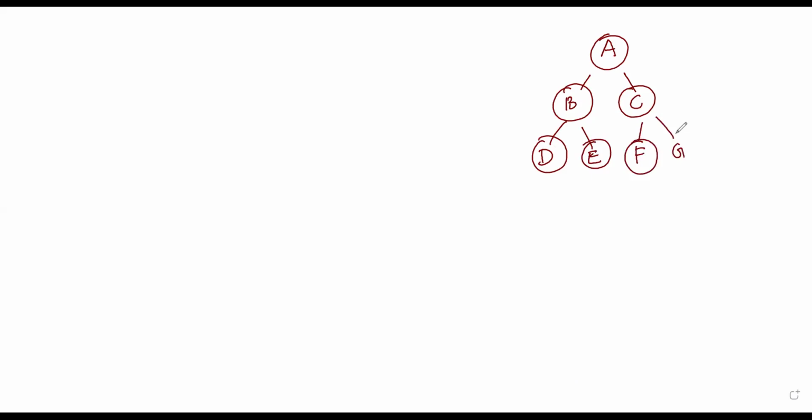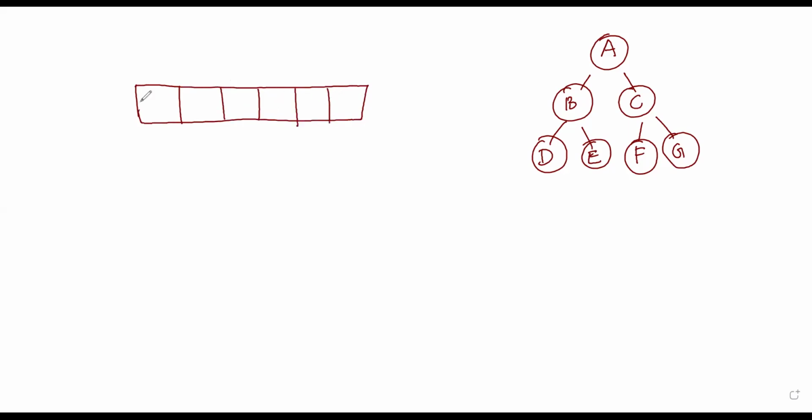I'll take an example: nodes A, B, C, D, E, F, and G. We won't have this kind of structure in memory, but an array kind of structure.